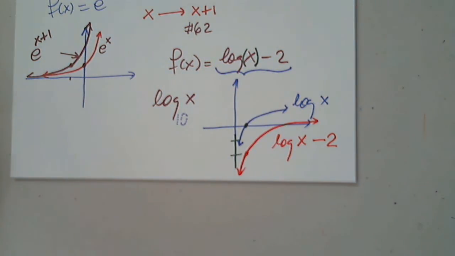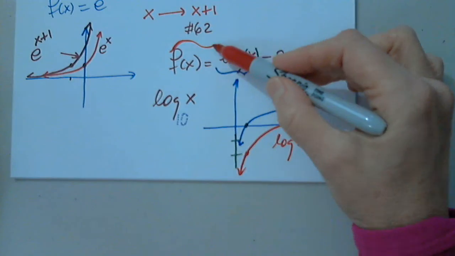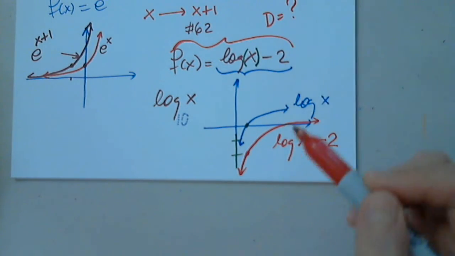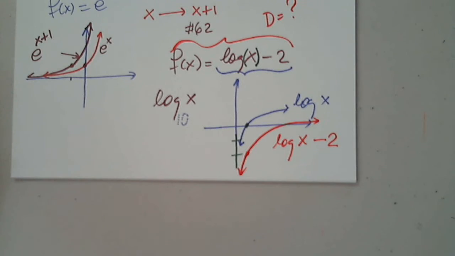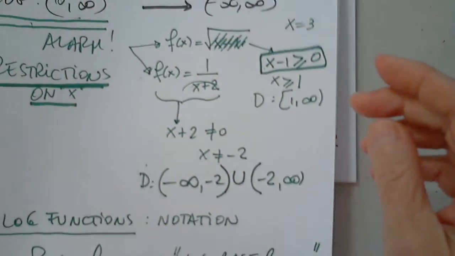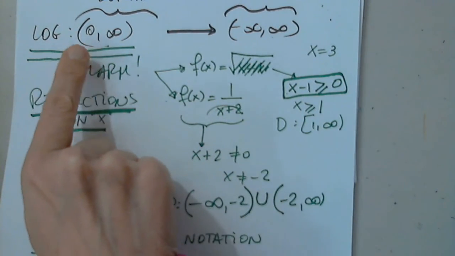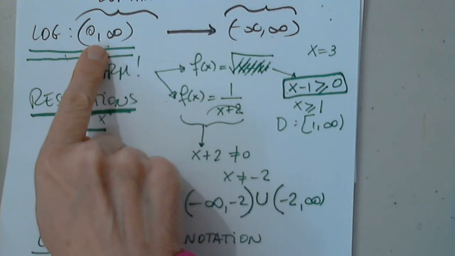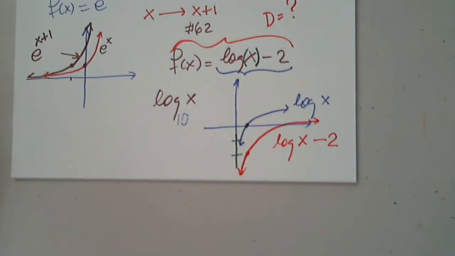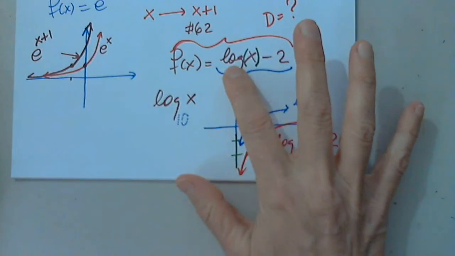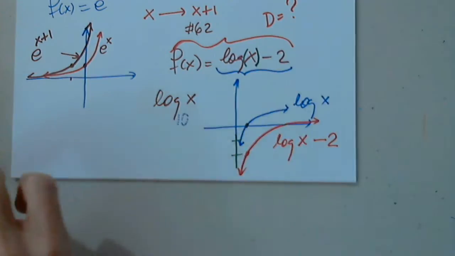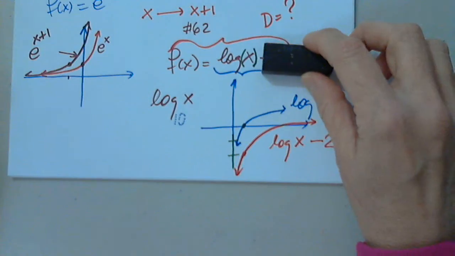Now, since we are here, how will you write the domain of this function? Let me refresh your memory. We talked about the fact that log is defined only on positive values. So I look at log, it's applied to x, and then outside minus 2, nobody gets bothered by that.